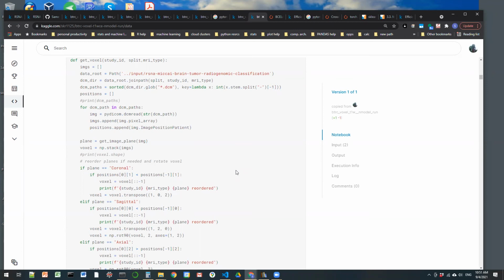It's the image of the brain going sideways, from the left or the right. Some are from the left and some are from the right, and that requires a reordering of the images. So not only are some sagittal, some axial, some coronal, but even within sagittal, some are taken from the left and some from the right. If that's the case, it needs to be flipped to be the same. By flipping, I mean the reordering, so everything is from left to right or everything is from right to left.